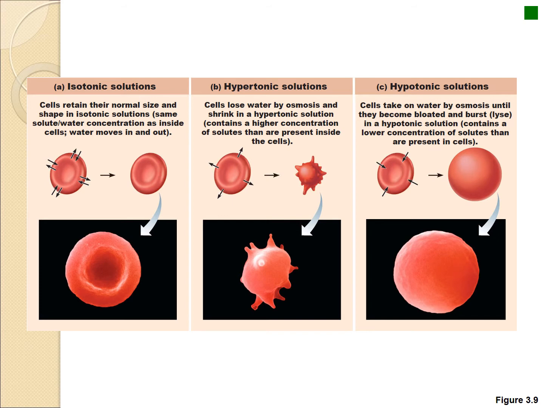So water tends to go in and try to swell the cell up to make it equivalent to the dilution or concentration of the blood. In some cases that can cause the cell to burst, which is cytolysis, or in the case of blood cells, hemolysis. This could occur if your blood gets too dilute.